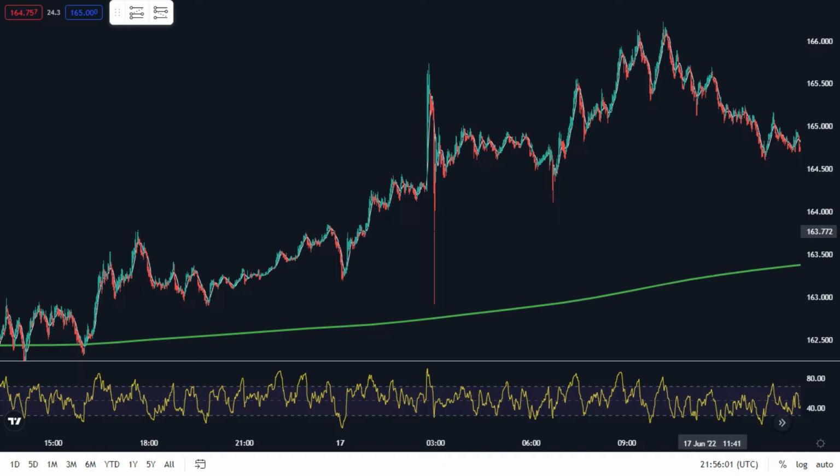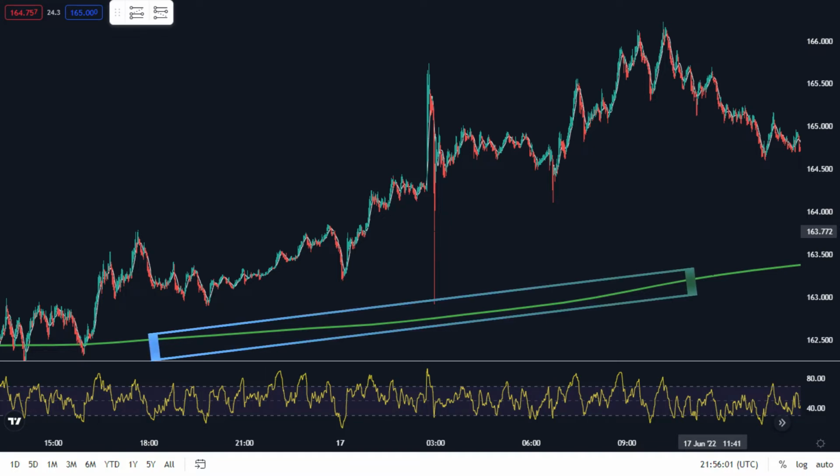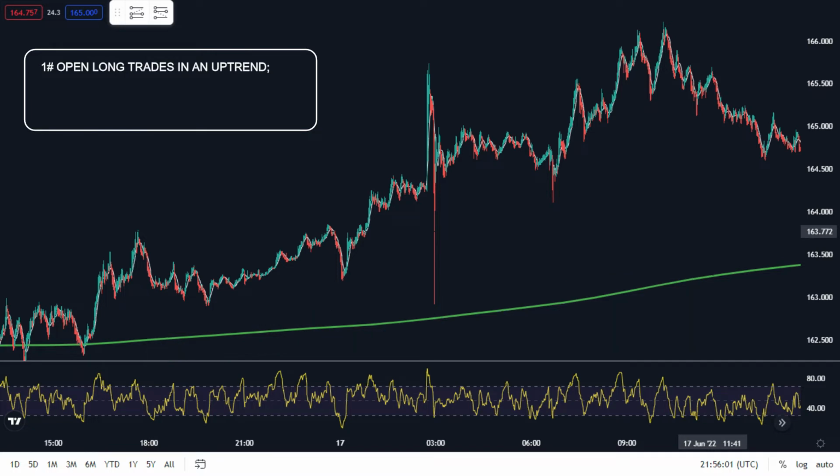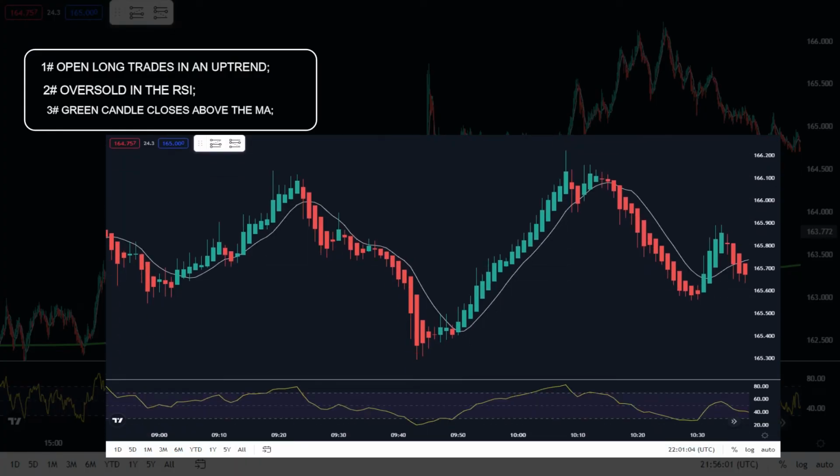Rule number 1 would be, if the slower moving average is under the Heikin-Ashi chart, this means that we are in an uptrend, and we will only consider long positions. The second rule is that the RSI this time must be oversold, and this happens when the indicator's chart sinks below 40. Finally, our last rule states that we should wait for a green Heikin-Ashi candle to break and close above the fast-moving average indicator.